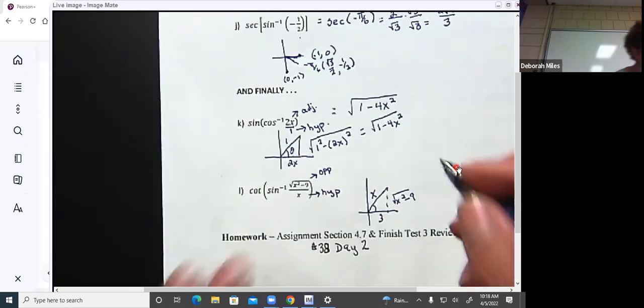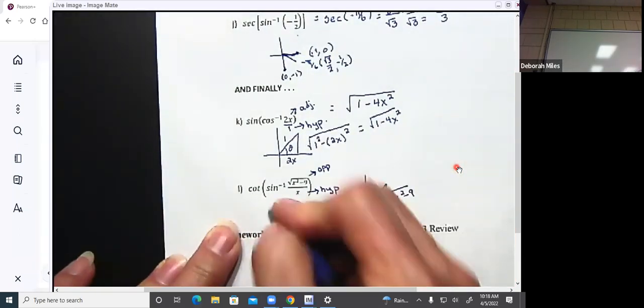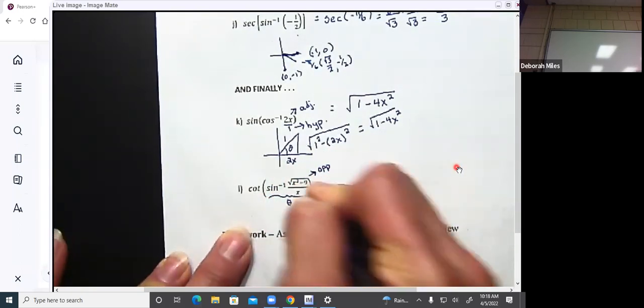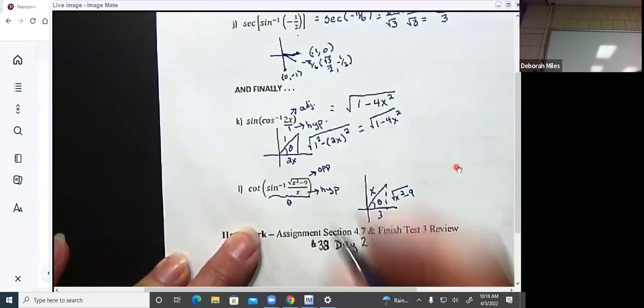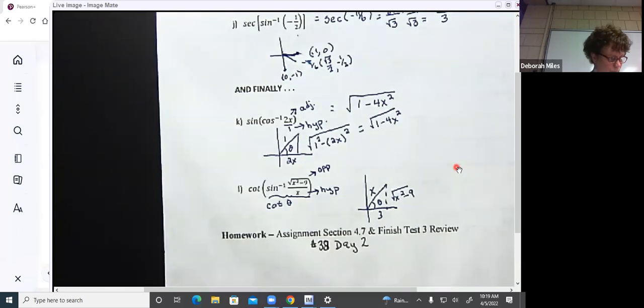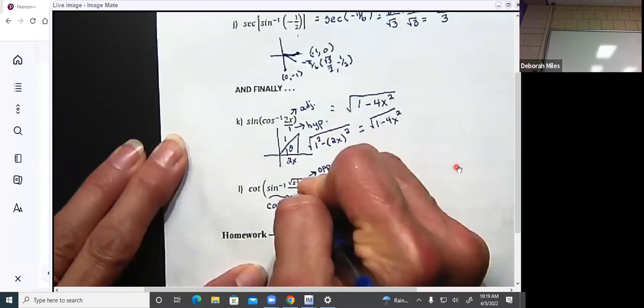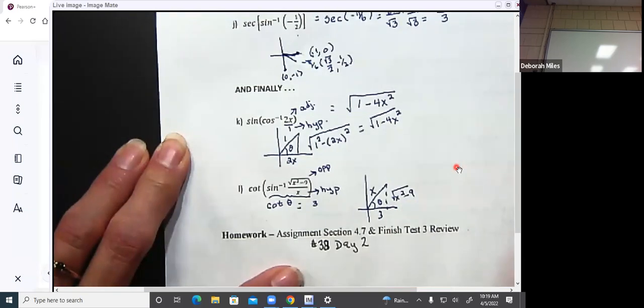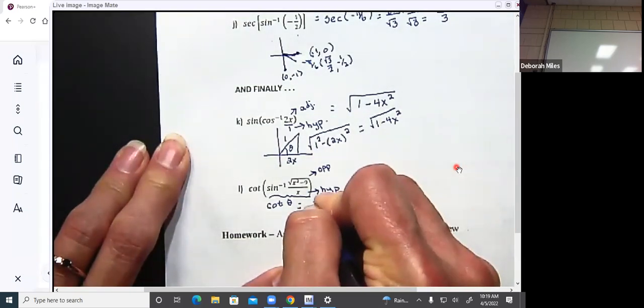So if we call this inside thing we just drew a picture of theta, then what is cotangent of theta? Which two sides make up cotangent? Adjacent and opposite. It's adjacent over opposite. Adjacent would be 3. Opposite would be square root of x squared minus 9.